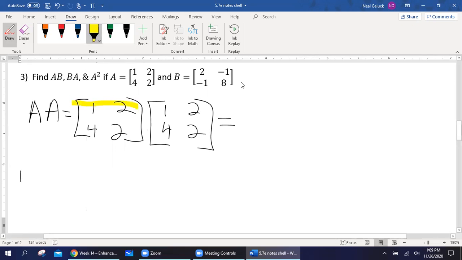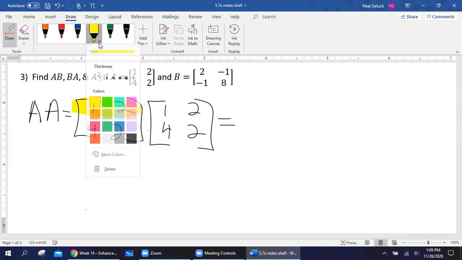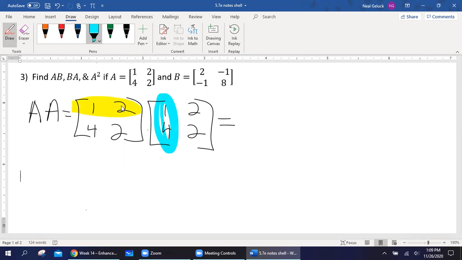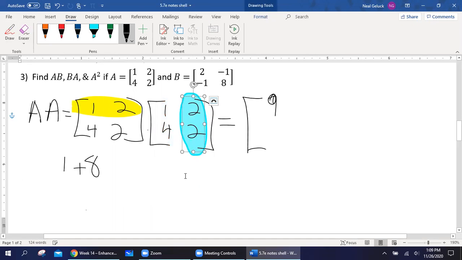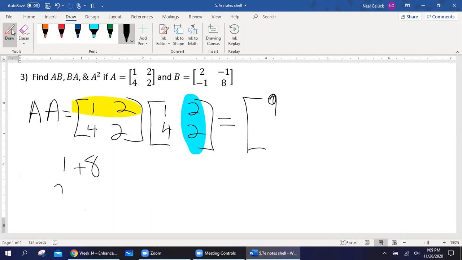So rows of the first matrix, columns of the second matrix. So that'd be for the first element, row 1 times column 1, 1 times 1, 2 times 4, add those together, 9. Hop to the second column. 1 times 2, 2 times 2, add those together. That was row 1, column 2.